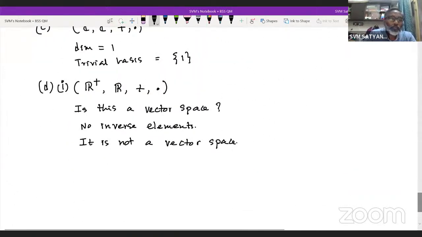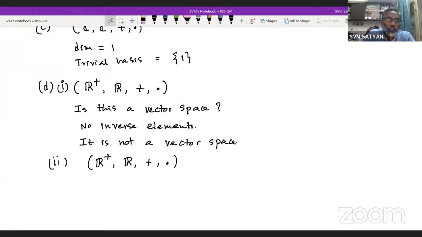So now in this second one, I'm saying, okay, the same thing, R plus. Now let me call this as... so same thing like this, but I'm going to say that x, y in R plus, the vector addition, that is x plus y, means it is x into y.